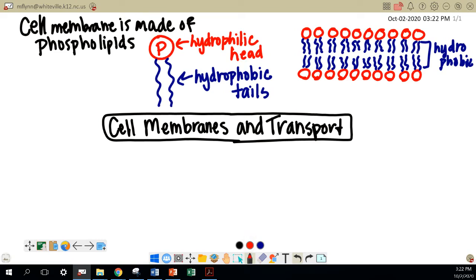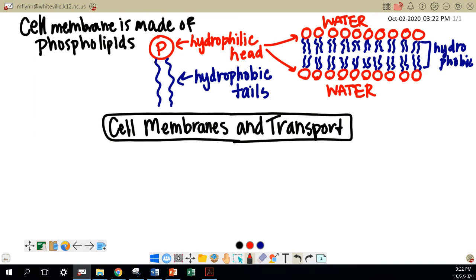And then hydrophilic is going to be here. Okay, because water is on this side and water is on that side. So the tails want to stay away from that water. So they're pointed in toward each other.